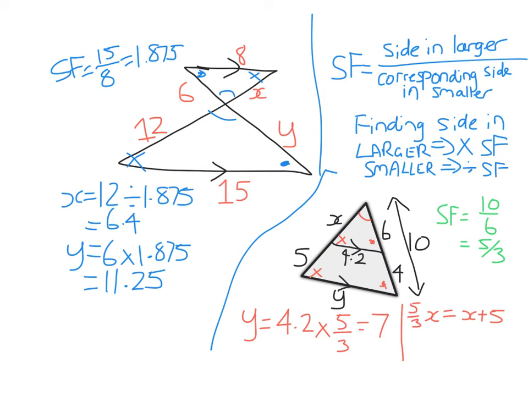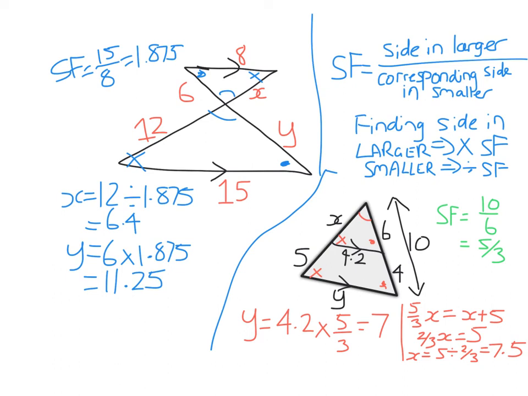Now, when you have an equation in which the variable's on both sides, you subtract the one with the lowest coefficient. This is just a 1x. So if I subtract 1x from both sides, I get 2/3 x equals 5. So I'm going to undo timesing by 2/3 by dividing by 2/3. So x will just be 5 divided by 2/3, which is 7.5. So that one was a harder one. Please let me know if you didn't understand it.